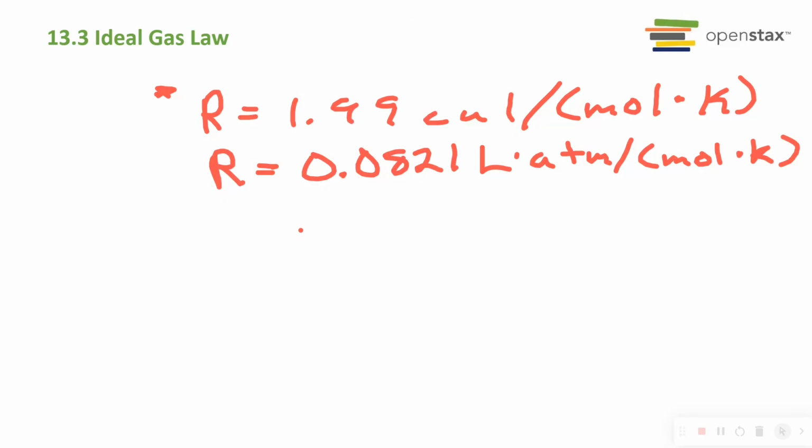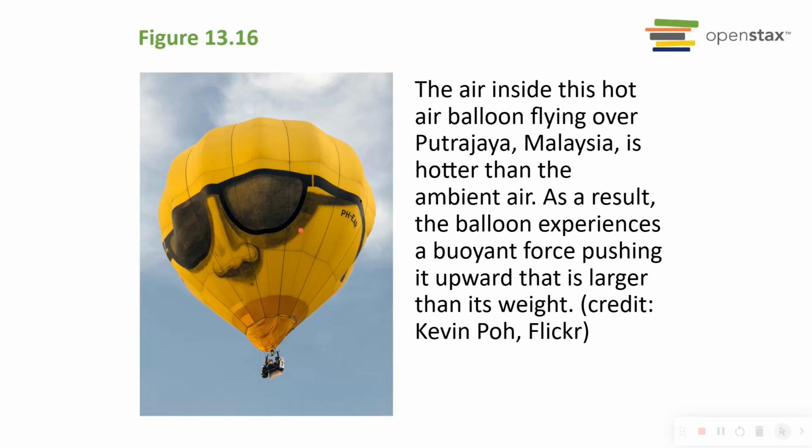Those are the values. So the air inside this hot air balloon that's flying over Malaysia is hotter than the ambient air. As a result, the balloon experiences a buoyancy force, which forces it up.